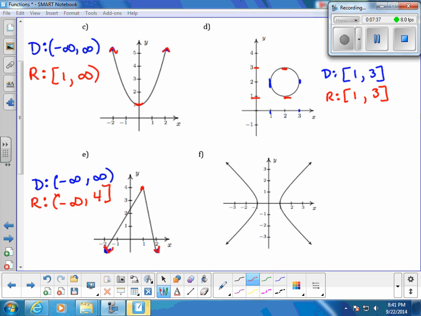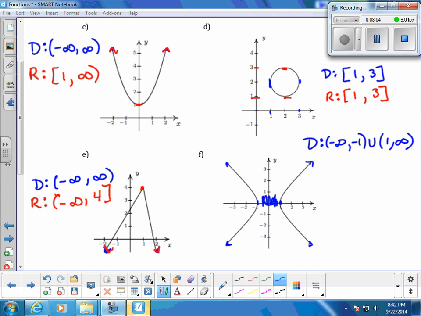Okay, on our last one, the domain is going to be the leftmost, which actually these pair up to be the same. It's still -infinity, but it goes to -1, and then we have a gap right here. So when there's a gap, we're going to put a union, and then it picks back up at a 1, and then the rightmost values are to infinities.